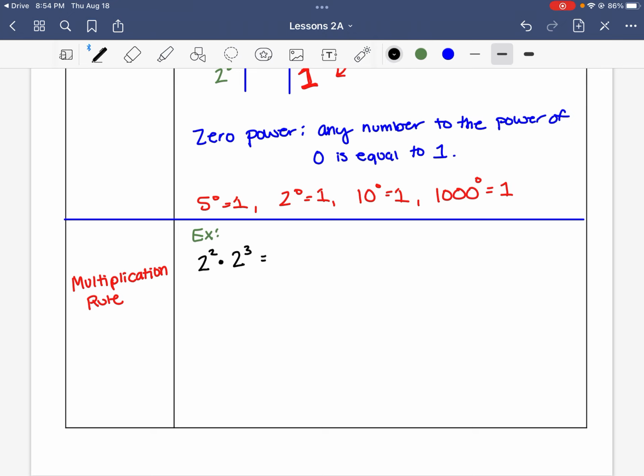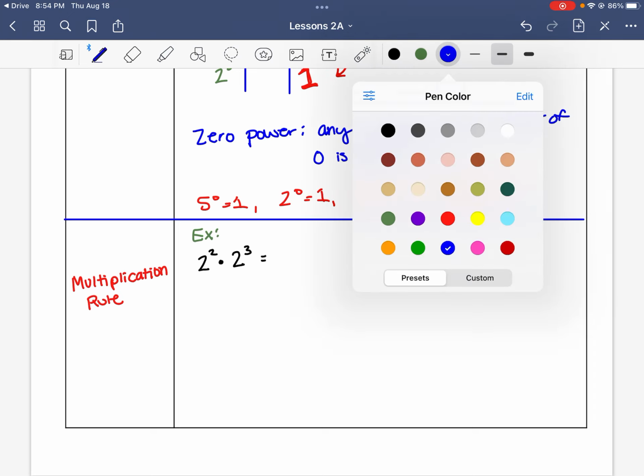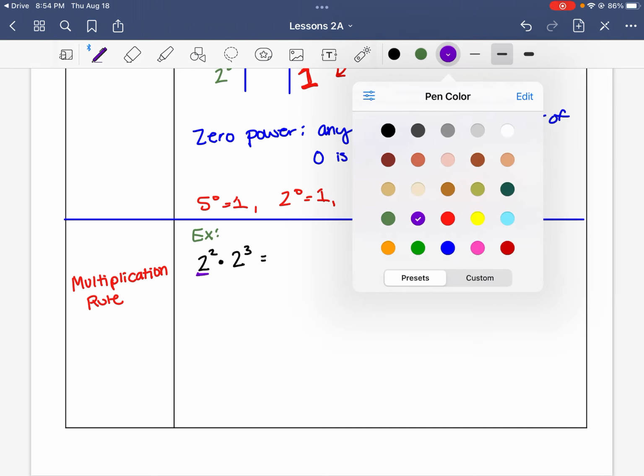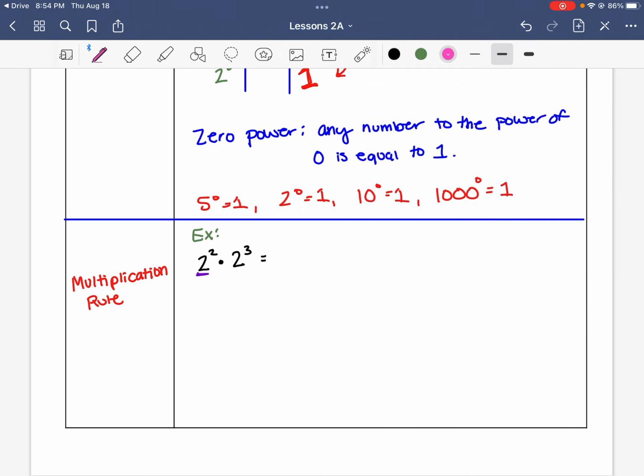Let's pretend that this is my purple version, and this is my pink version. If I were to expand this, for my purple, I would have 2 times 2. And for 2 to the third, I would have 2 times 2 times 2. So remember, I'm expanding it right here.